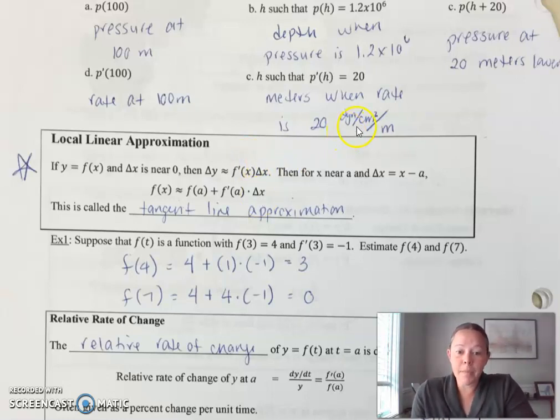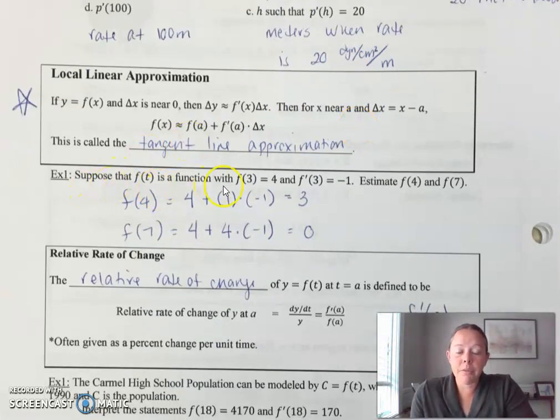Okay. So same thing here. Suppose f of t is a function. Notice they give you a data point to start with. They give you a derivative, the slope of the tangent line, and they want us to estimate these two values. So start with what you know, 4, and then your derivative or your change in x. It doesn't matter which one you do first. It looks like I did the change in x because we went from 3 to 4, so that's a positive 1 times the derivative.